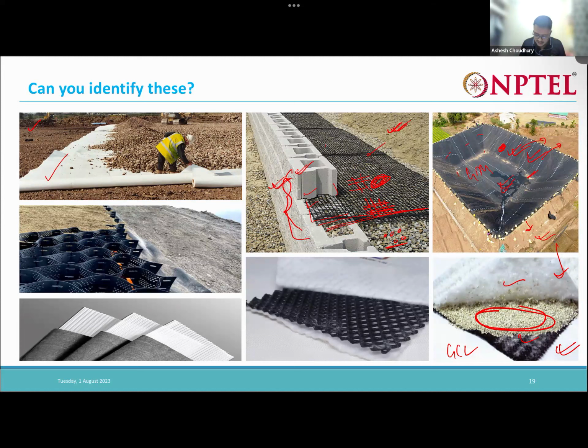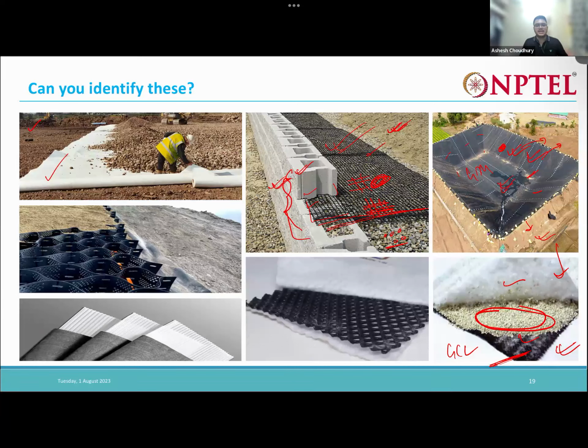So here, the second image, this geogrid, is acting as a reinforcement. In the third image, this geomembrane is acting as a barrier, and this geosynthetic clay liner, the GCL, also acts as a barrier and does not allow the harmful substances to leach into the soil.